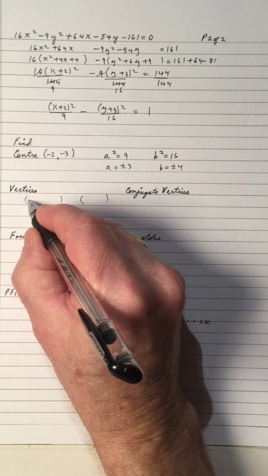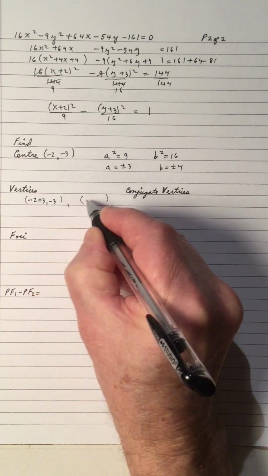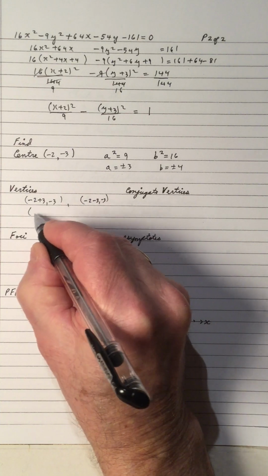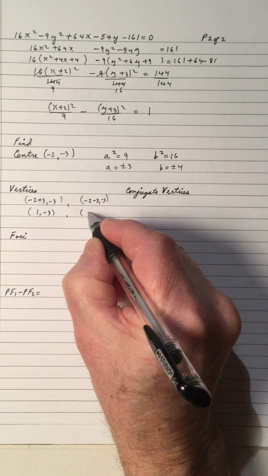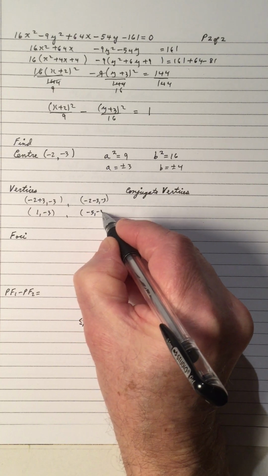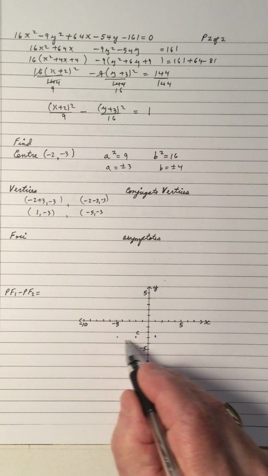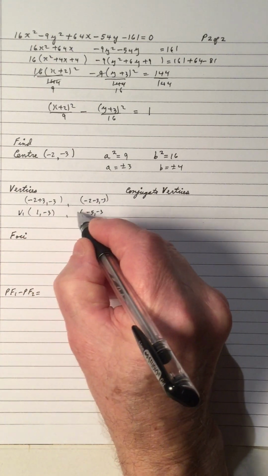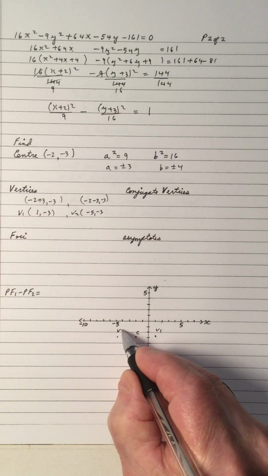If you take the negative 2 and add 3, and take the negative 2 and subtract 3, that gives you 1, negative 3, and negative 5, negative 3. It's easier to see when you add the 3 and subtract the 3. So this is V1 and V2.